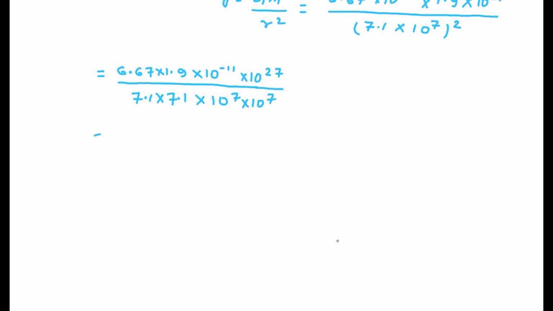So solve it. First of all multiply 6.67 into 1.9, then it becomes 12.673, and 10 to the power minus 11 into 10 to the power 27, it becomes 10 to the power minus 11 plus 27.